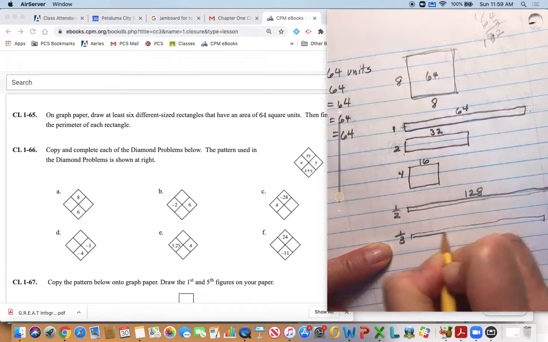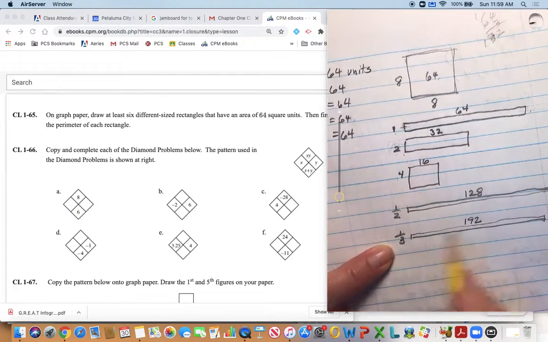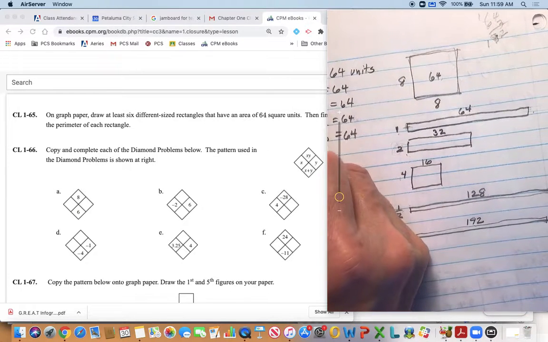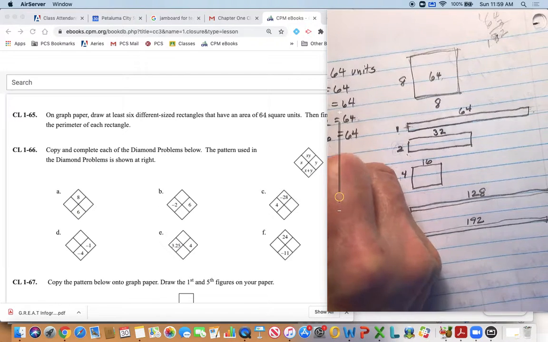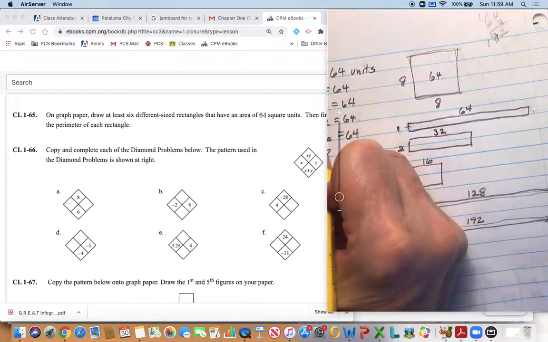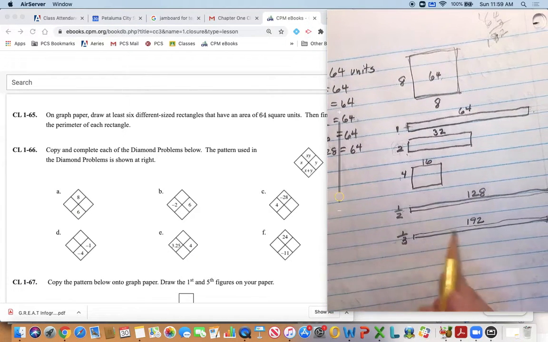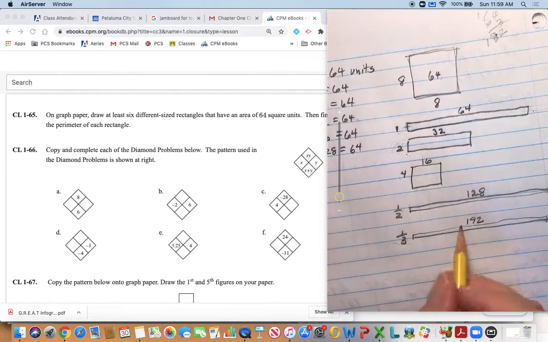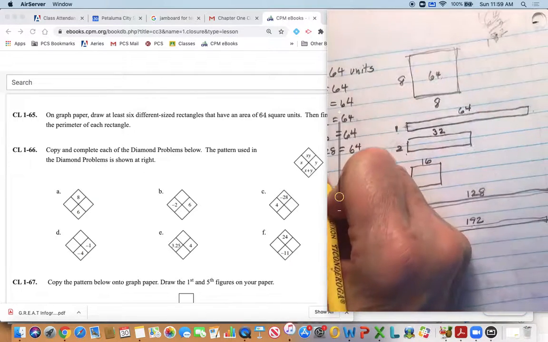So super skinny. I think that's 192. We'll have to check our answers. But anyway, we can figure that out. So the fifth one is 1/2 by 128 is equal to 64. And the sixth, 1/3 of 192, we know it's equal to 64.